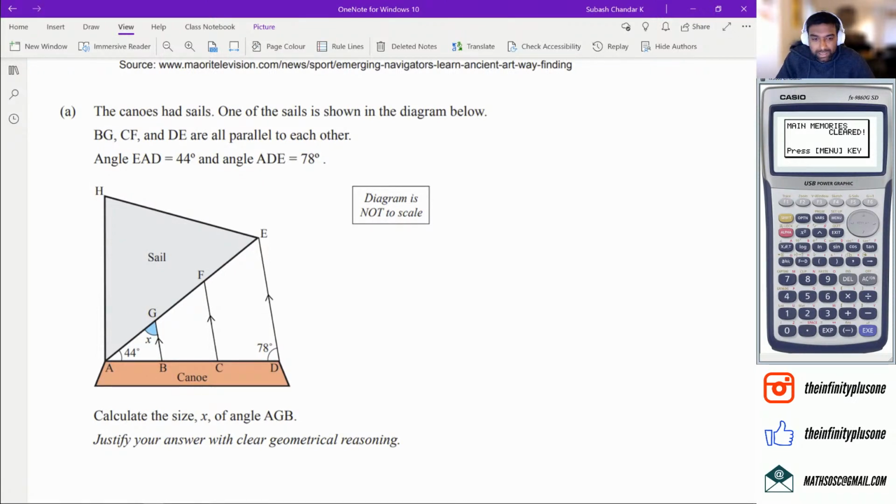So, having a look at this first question here, because this is an exam paper that I'm actually going through, I might give you guys just a couple of minutes to look through the question and have a go by yourself, and then I'll go through the answer. As always, I'll give you guys some time to look through it.